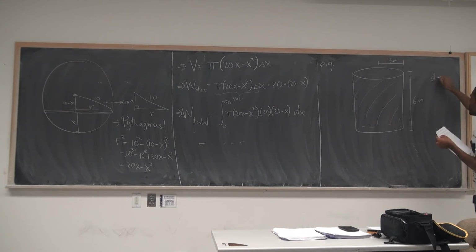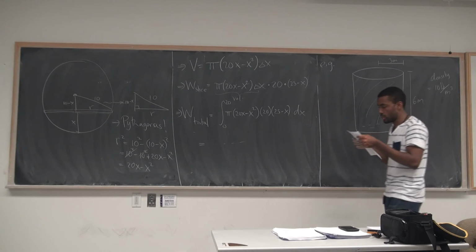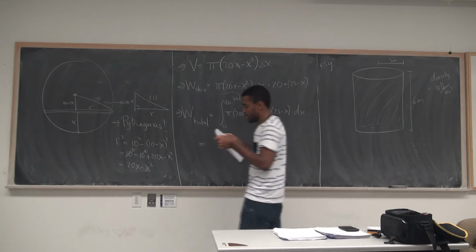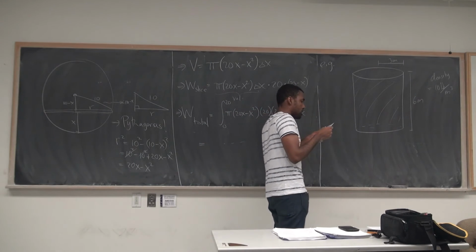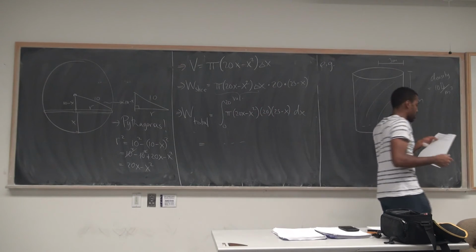You know that the density of this liquid is 10 pounds per meter cubed. That's already a unit of force per unit volume, so we don't need to do any conversions, don't care about gravity or anything. Find the work needed to pump the top half of the liquid out the top of the tank.